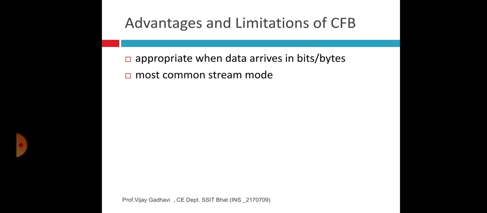Advantages and limitations of CFB. This CFB mode is appropriate when data arrives in bits or bytes. It is the most common stream mode. These are the advantages and limitations of CFB mode.